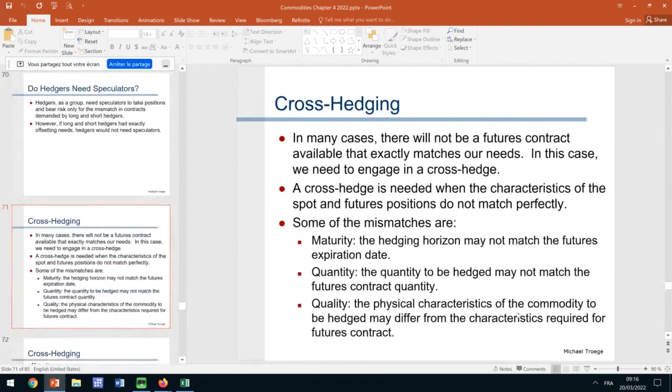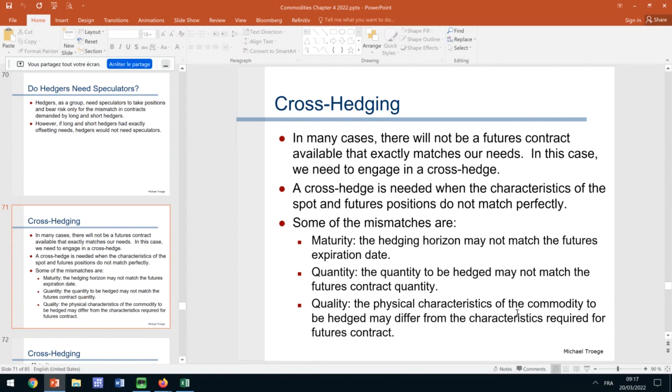Now, one problem with these commodity markets is that the products that are being traded there, as we have said at the beginning, are very standardized, homogeneous products.